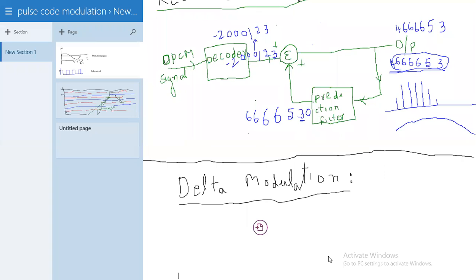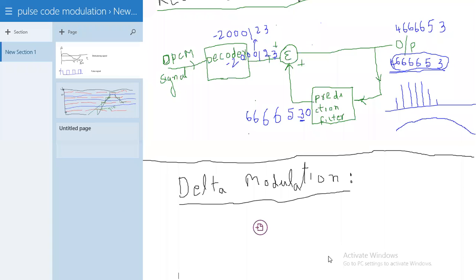One symbol consists of only 1 bit. So due to that, drastically the number of bits per second transmitted is reduced. Due to that, the transmission bandwidth is also reduced. Okay, what is the key factor in delta modulation?